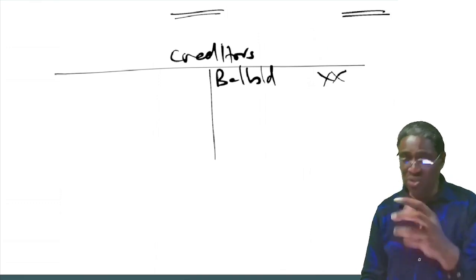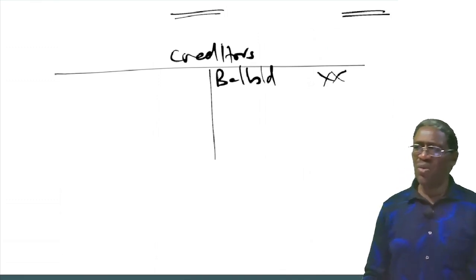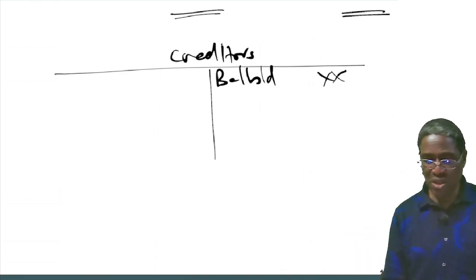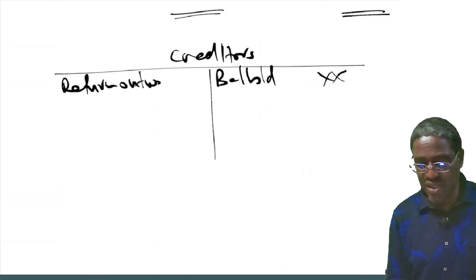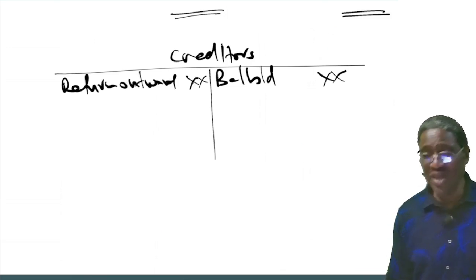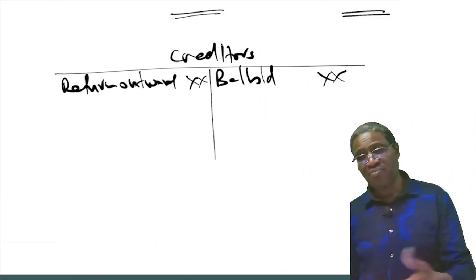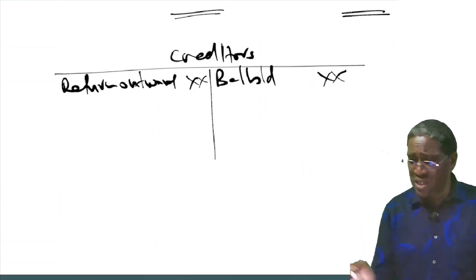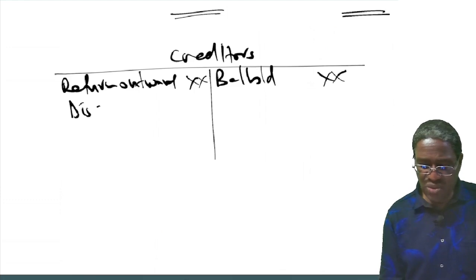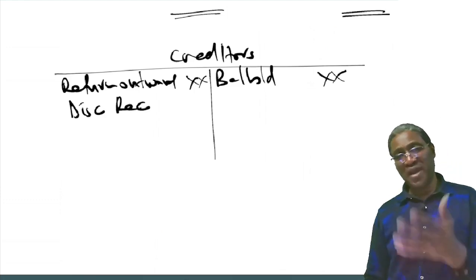Go through the question. Find out whether there were things like return outwards. You all know if there are any return outwards, they are normally debited in the creditors account. I'm only reminding you what you used to do when preparing a creditors control account. The other thing that could go to the creditors account is discount received. When there's a discount received, you reduce what you owe your suppliers by debiting.